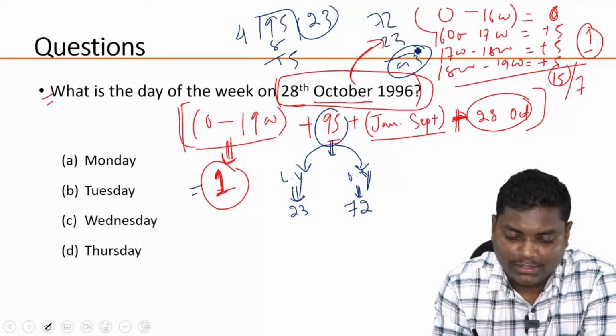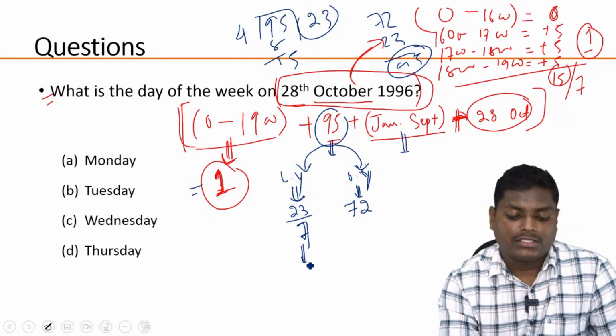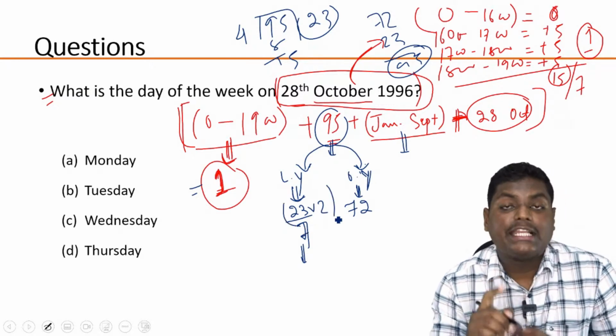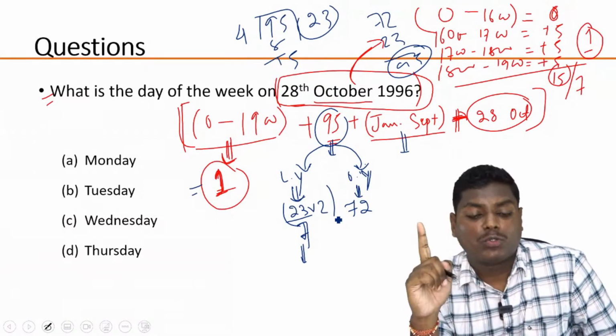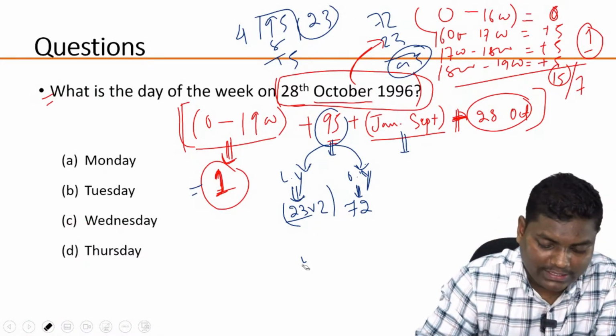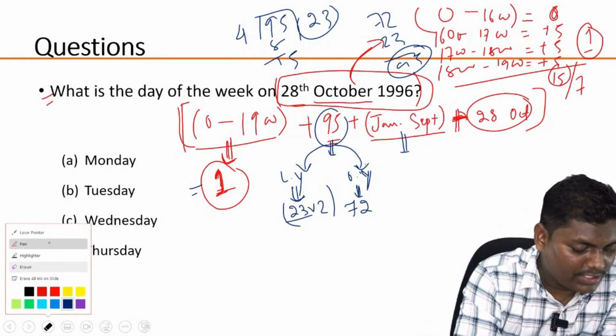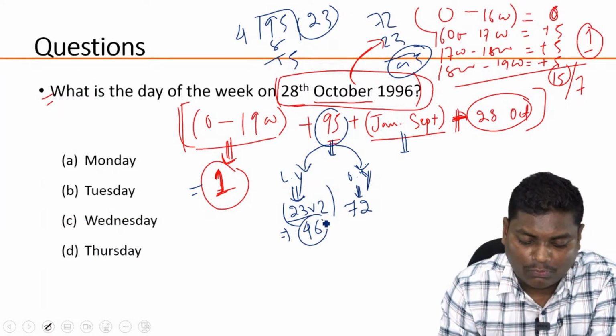Now it is important to see that in a leap year we are having 2 odd days. For a particular leap year, we are having 2 odd days. So from 23 leap years in 95 years we'll be getting 46.